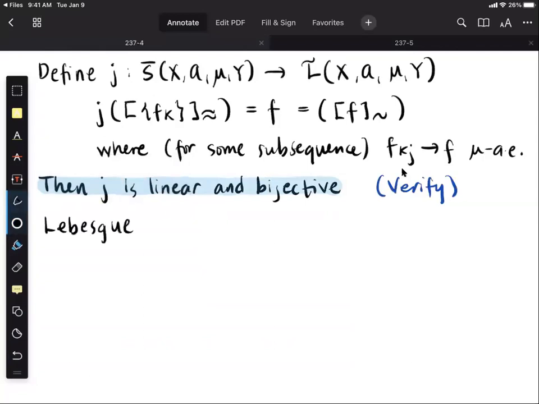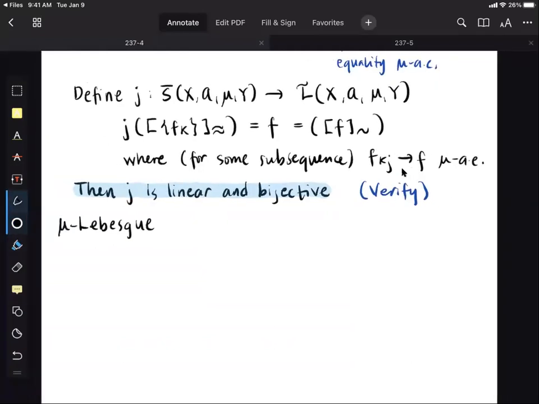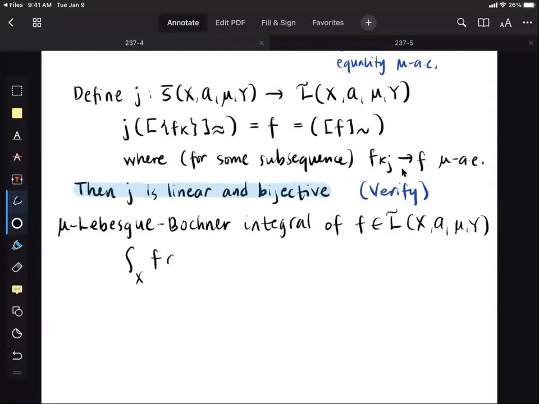In this case, the mu Lebesgue-Bochner integral of f in this quotient space is defined as the limit, as k goes to infinity, of the integral of these simple functions.